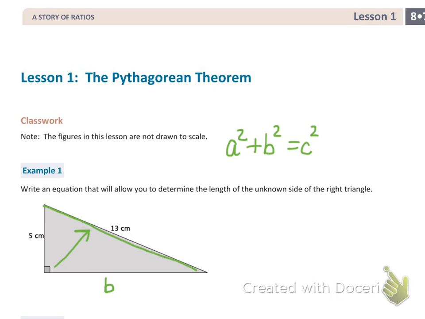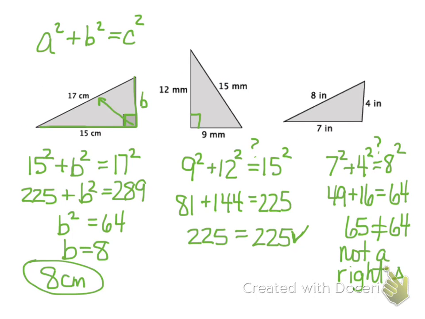Okay, so for instance, in this third example here that we did, if I wasn't sure which one was supposed to be the hypotenuse because there's no right angle labeled, if it is going to be a right triangle, the longest side will be the hypotenuse.